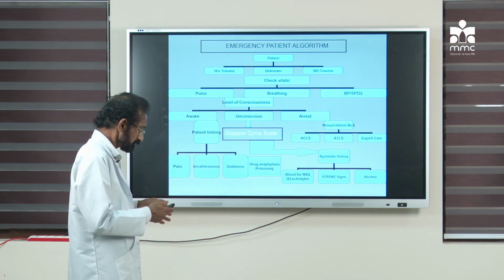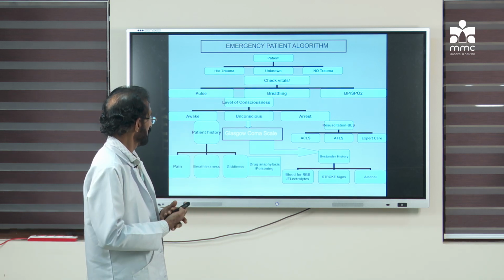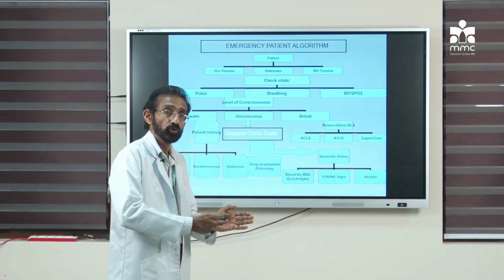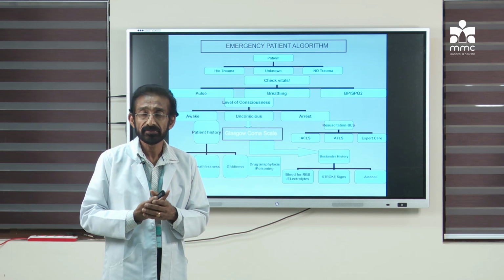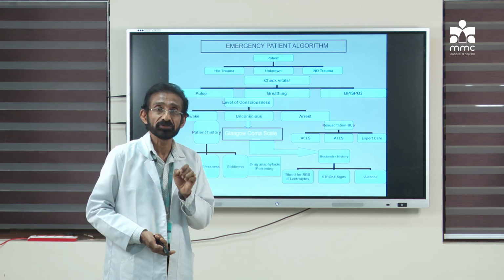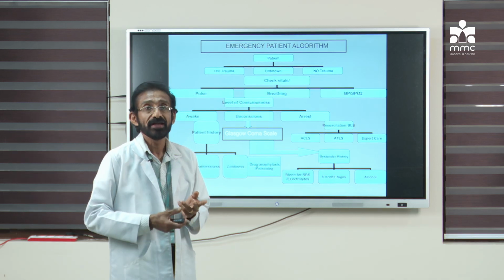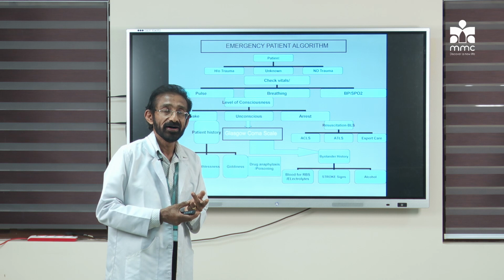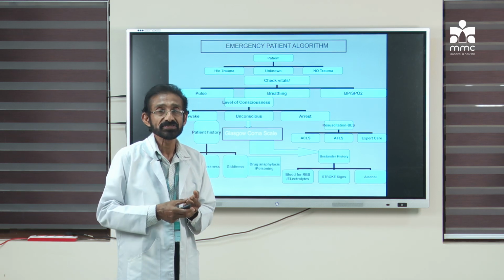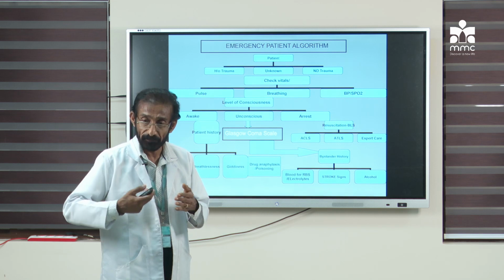And then ask for pain, breathlessness, giddiness, drug anaphylaxis, etc. Then you go for assessment of all the routine blood parameters, starting with blood sugar, because hypoglycemia can mimic a lot of things, including convulsions, respiratory failure, tremors, and altered sensorium. Hypoglycemia can even present as a hemiplegia.